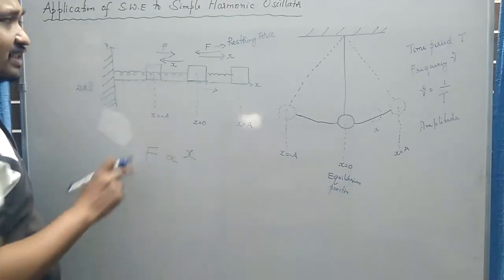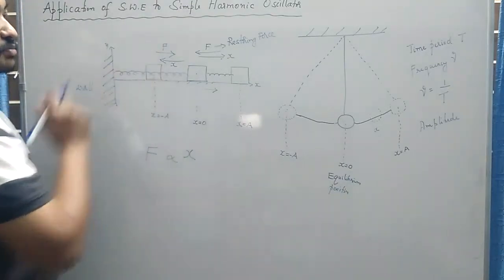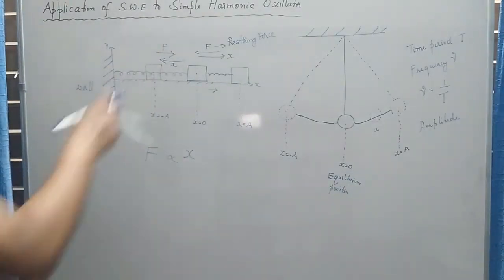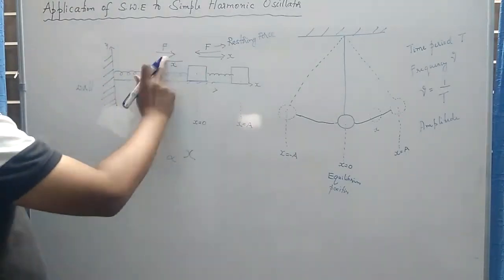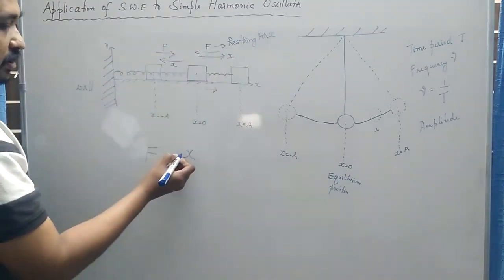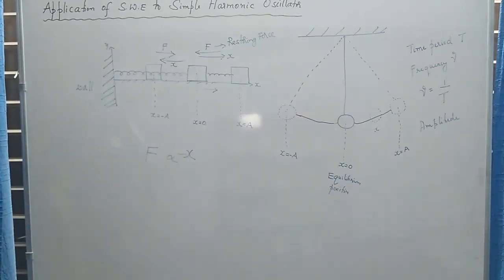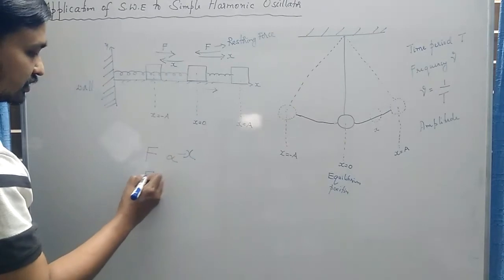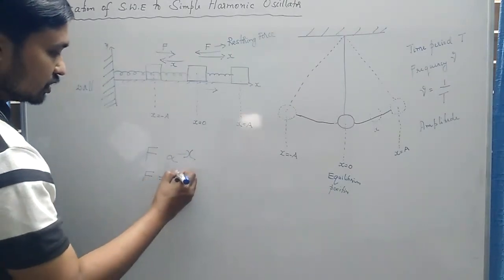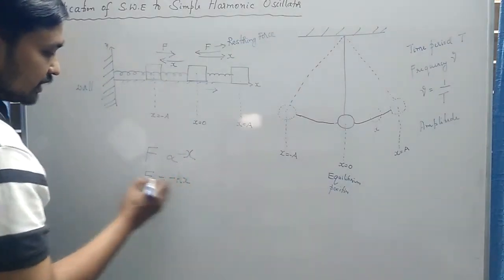To emphasize that the force and displacement are in opposite direction, you know that force and displacement are vector quantities, and since in both the cases they are in opposite direction, we write force is directly proportional to minus x, or we write the restoring force is equal to minus k into x.